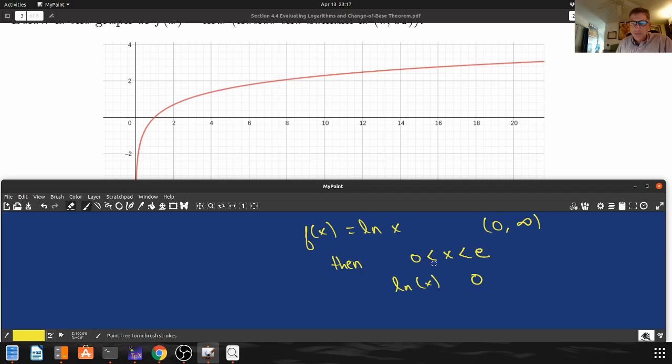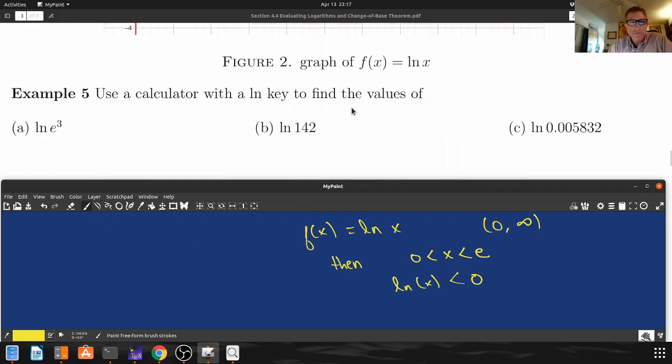If x is between 0 and e, over in this part right here, then ln of x is less than 0. Just some things to keep in mind.